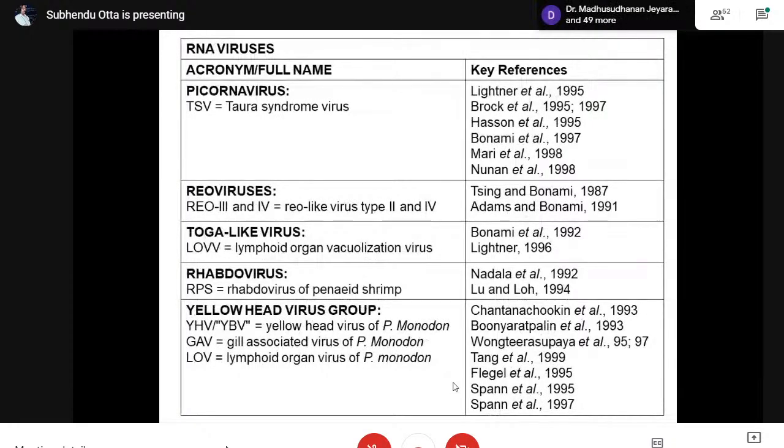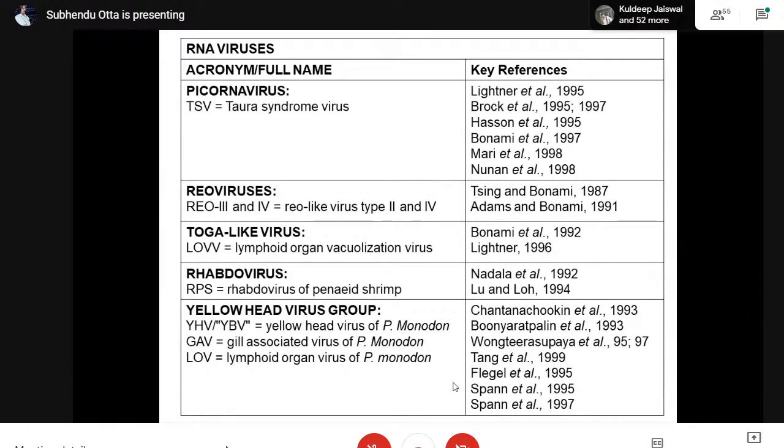Coming to the RNA viruses, the first one is picornavirus, to which Taura syndrome virus belongs. Again, it is an important, highly virulent virus. It can cause mortality, but so far in India we have not detected this virus. Reo-like viruses have also been reported in shrimp, but somehow they have not gained that much importance.